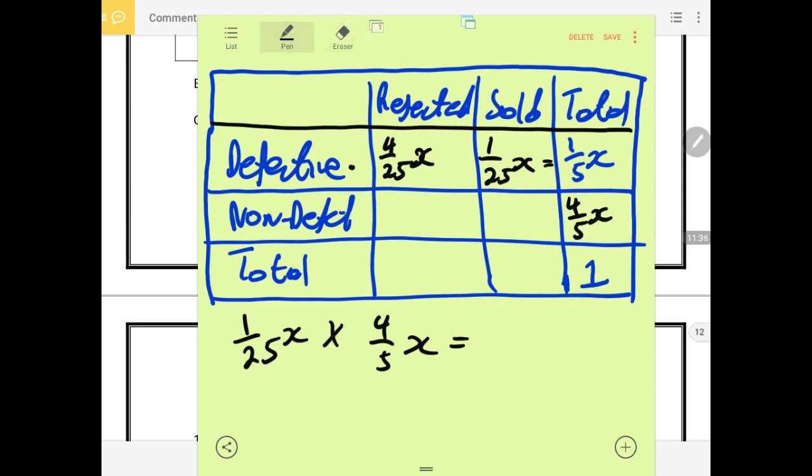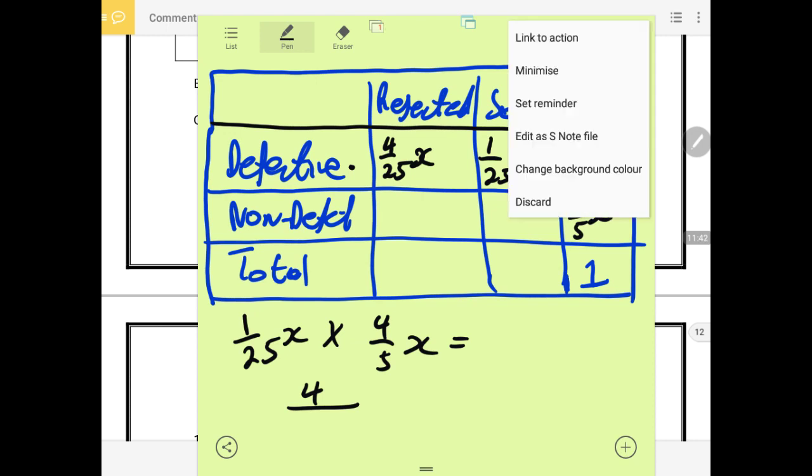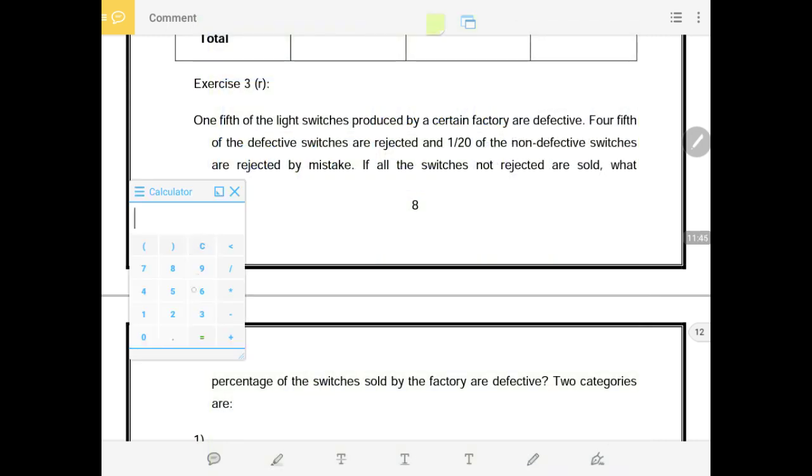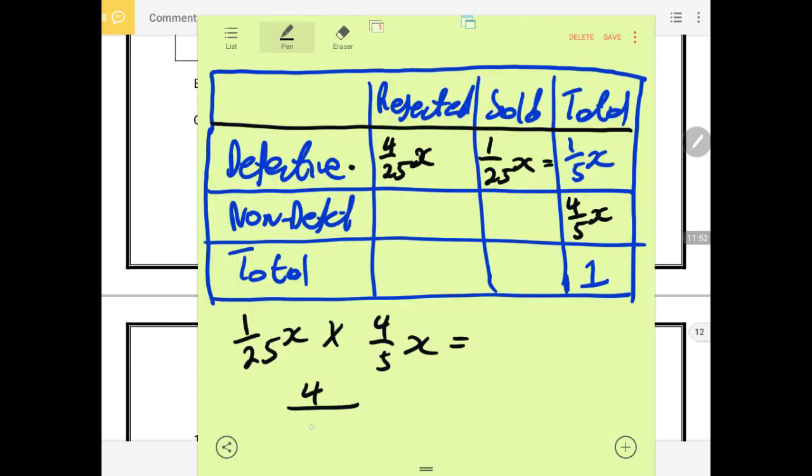We have to multiply here. 1 times 4 gives us 4. 20 times 5 will give us 100.